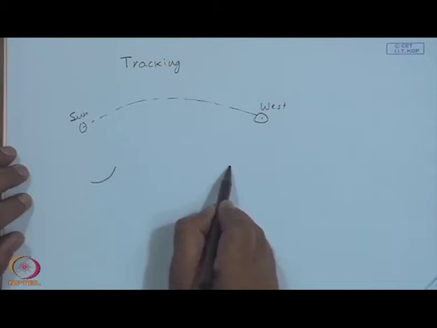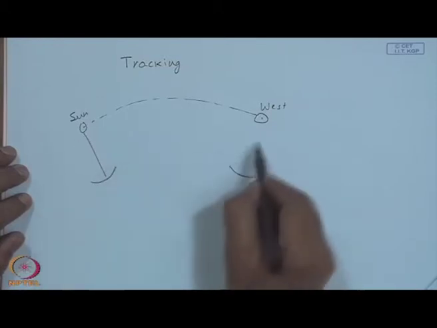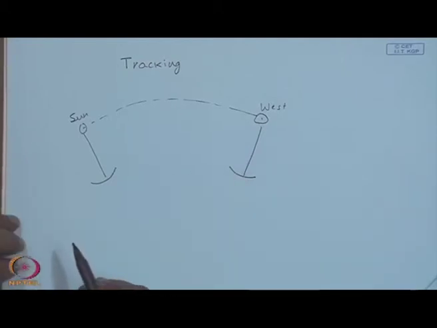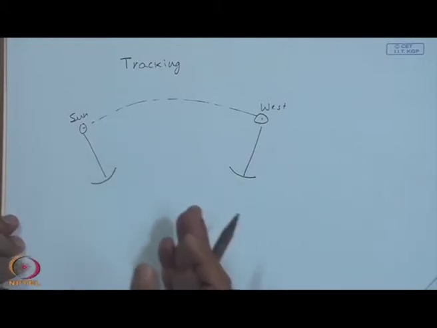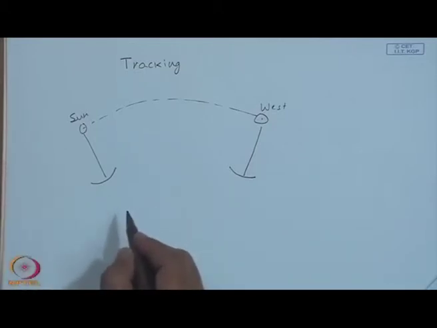It does not move, but just to emphasize, this is here and this is here, normal to the aperture plane. So, this has to turn from east to west, whatever may be the angle, that we do not know yet. So, this requires tracking, otherwise it does not work.